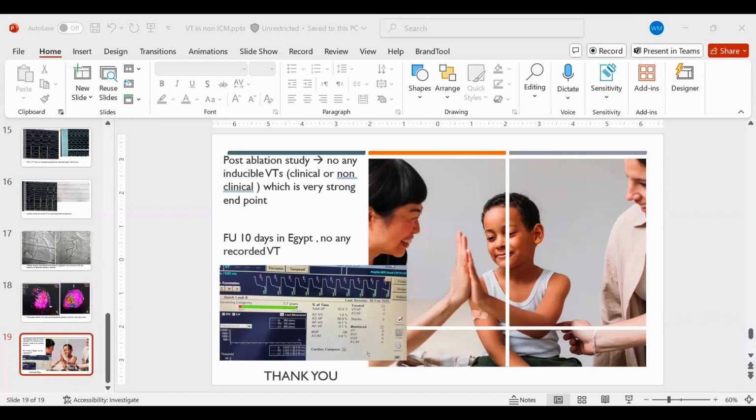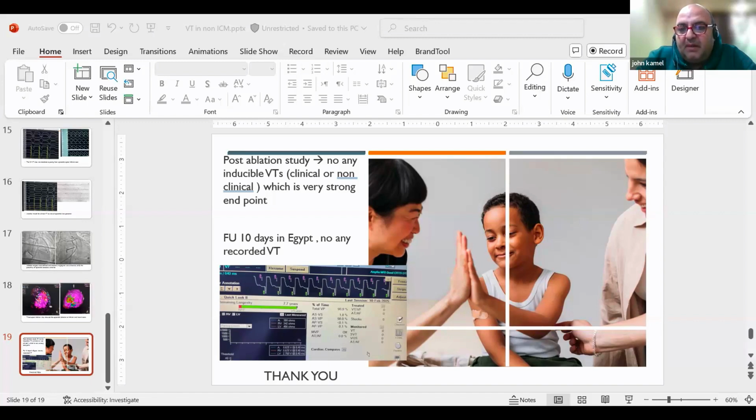So afterward, did you continue medical treatment with amiodarone as an add-on, or what was your management for the pharmacological treatment? After the procedure, no, we stop amiodarone.